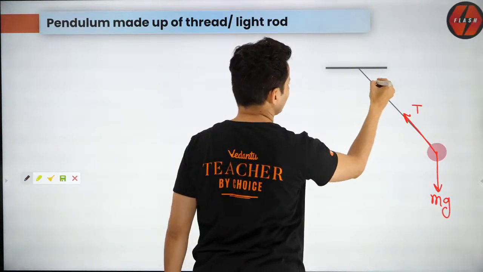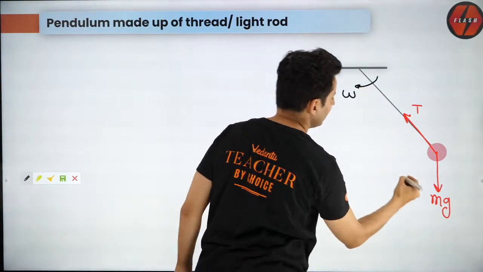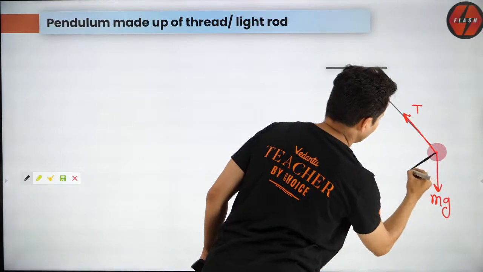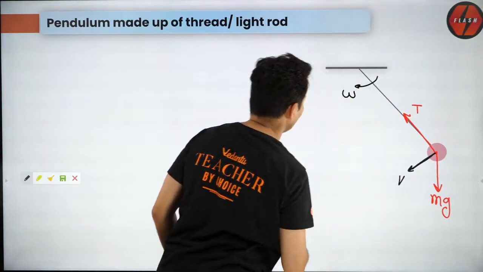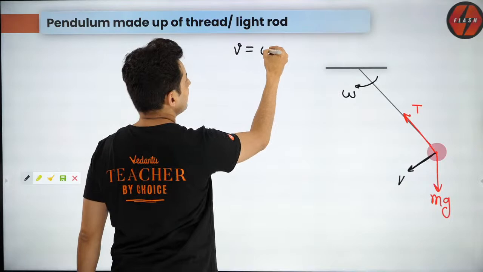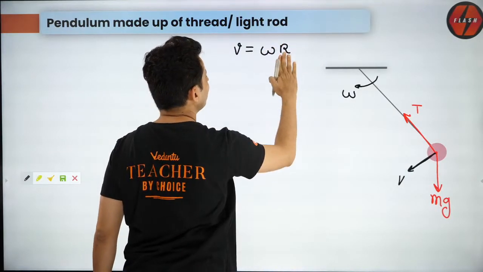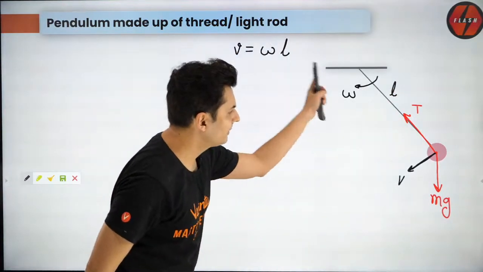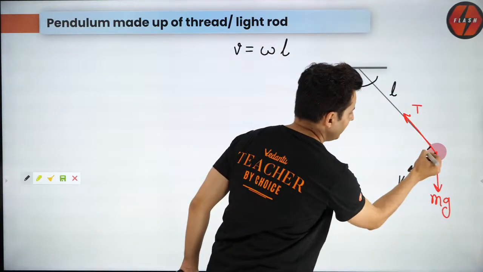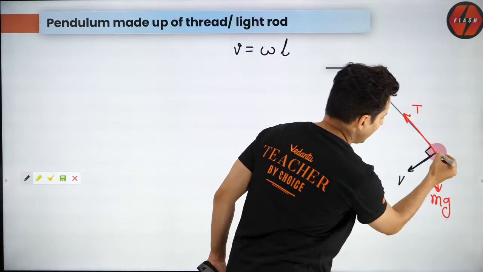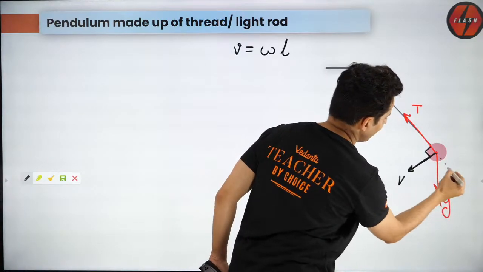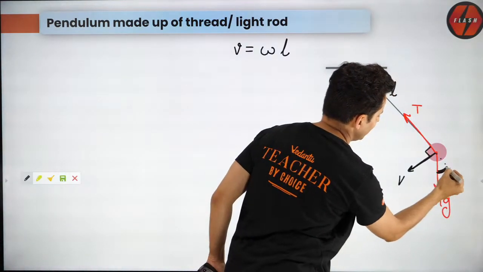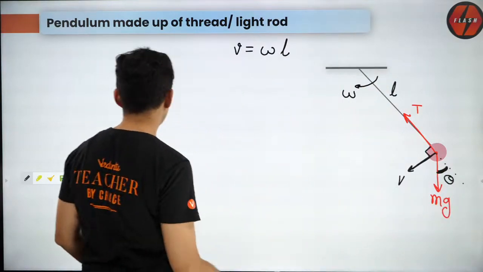So it might have omega, so it might even have velocity. Obviously this velocity will be omega times r, but here that r will be the length of the string or the length of the rod, and this will be perpendicular, of course, and it can make some angle theta.